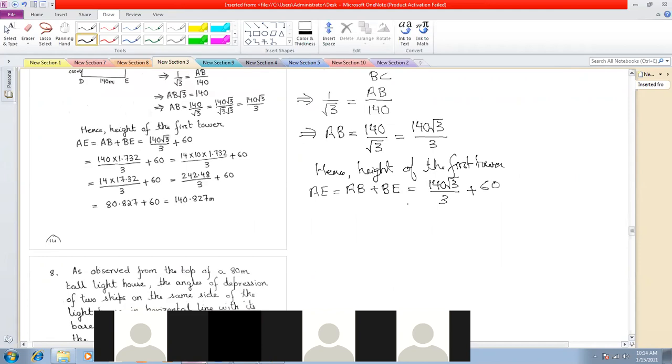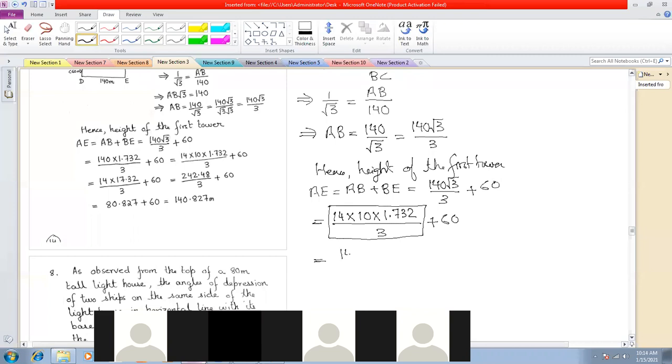Now we shall simplify this. How to simplify this? You put the value of root 3. First of all, you break 140 as 14 into 10, and you write the value of root 3 as 1.732, plus 60. Now we are only going to simplify this expression.